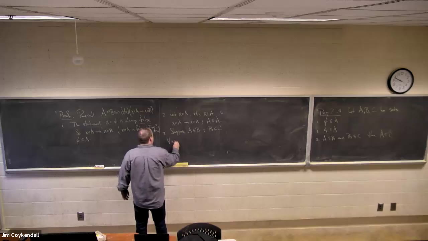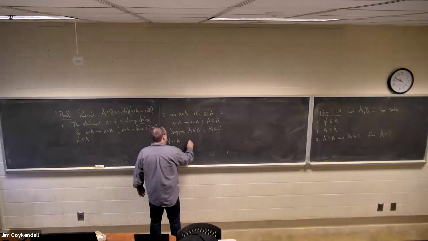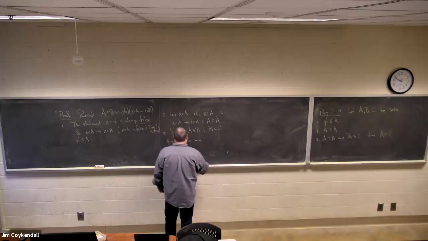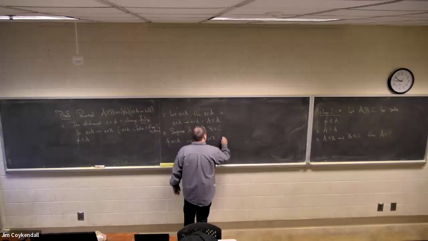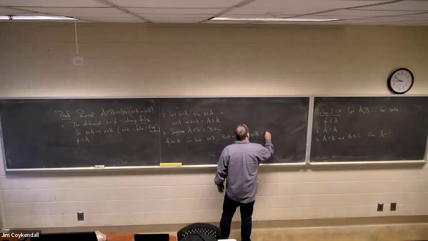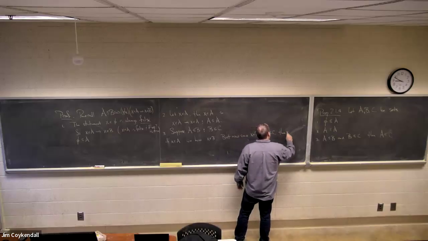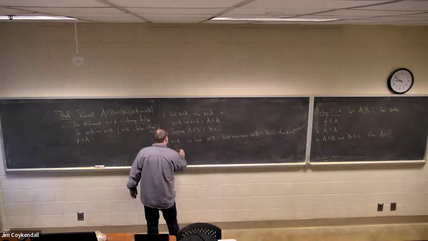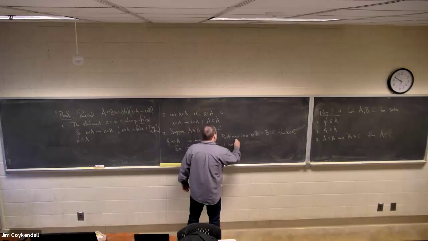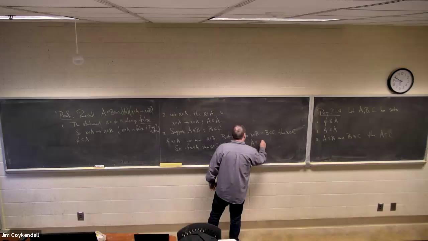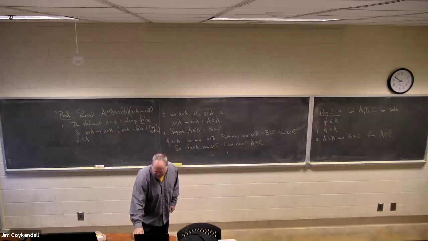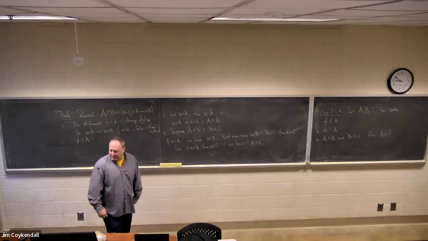Suppose A is a subset of B and B is a subset of C. Then for all X in A, if X is in A, then we have X is in B. But now, since X is in B and B is contained in C, then X is in C. So if X is in A, then X is in C, and we have A contained in C. Questions on that? Okay. This is a good place, I think, for us to stop today.